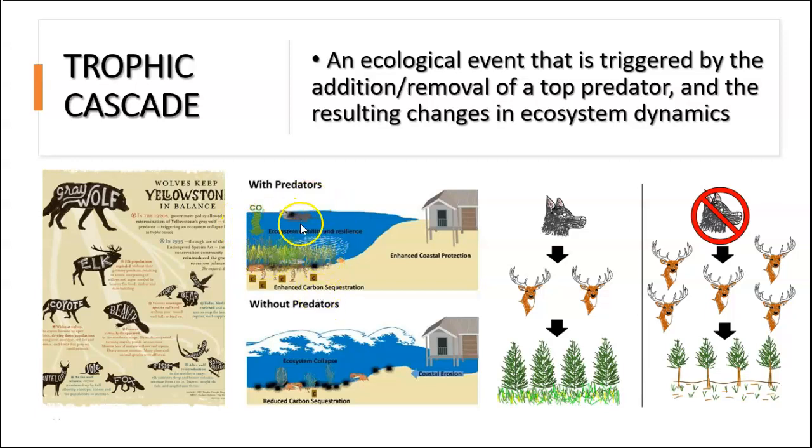But if you remove the top predator, in this case the sea otter, then you end up with an overabundance of the animals that destroy a lot of the plant life, and that makes it much less stable, and therefore you end up with things like erosion of the coastline because you don't have that stability that's present there. So we'll look at some examples like that.